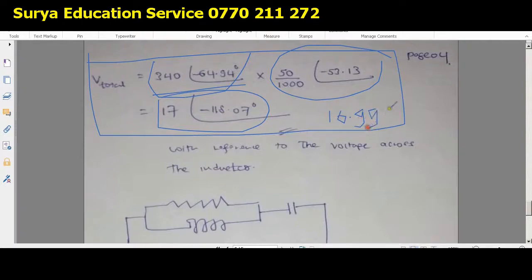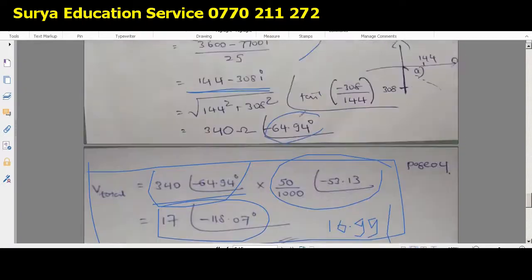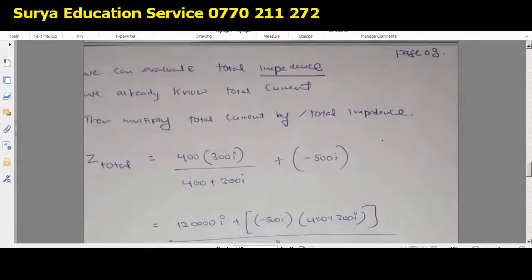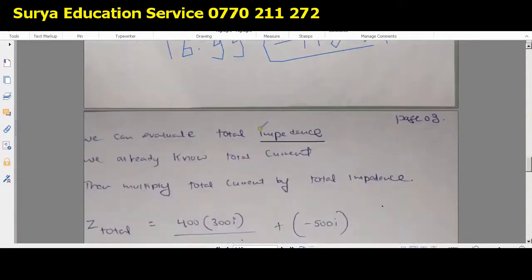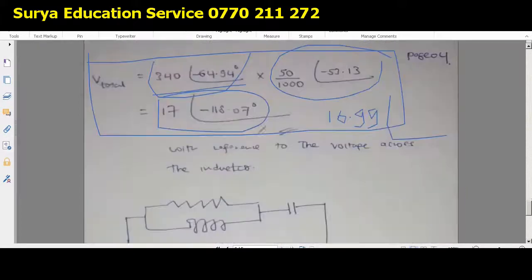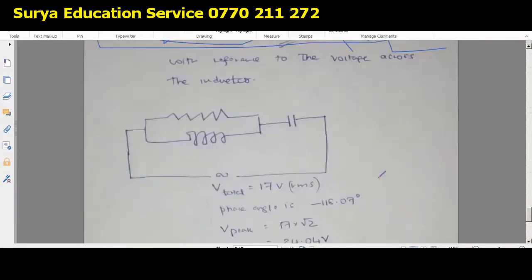The angle was minus 118.01. See, there is not that much of a difference, right? Because both the methods are correct. The total voltage, and the phase angle, are all very close. So that is the way, guys.